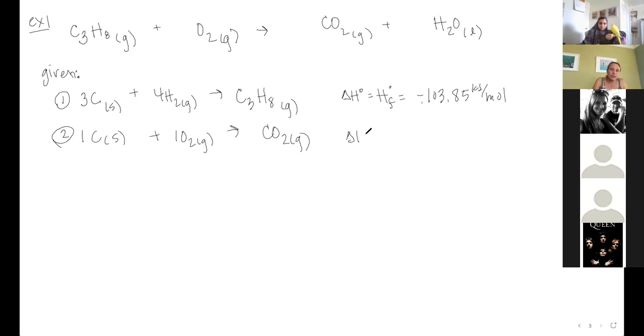And this delta H here is going to be the delta H of formation of carbon dioxide, which is negative 393.5 kilojoules per mole.